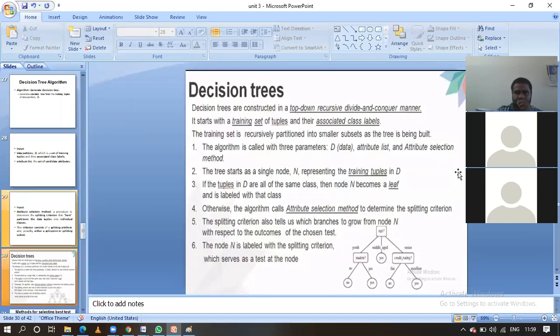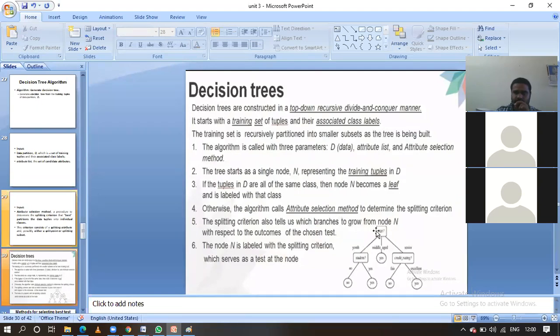This is the overall scenario related to the decision tree. In decision tree construction, we use the top-down approach, which is recursive. First we construct the root node with the help of the attribute selection method. After that, which attribute has to be selected at each branch is based on the attribute selection method.